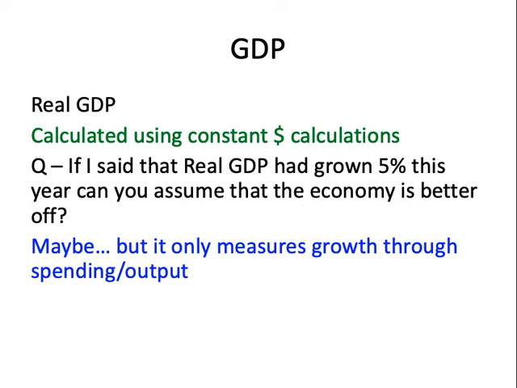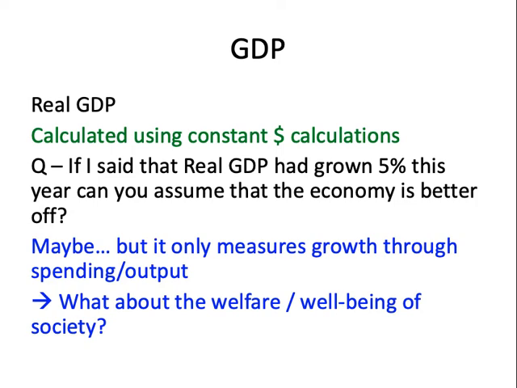Just saying our economy has spent more, done more, uses more, is that enough? What about the welfare or well-being of society? That's a fairly large point that we haven't even looked at, right? We don't know if our economy is better off because we don't know if our spending and output growing is actually making our economy better. And so those are some things that we need to think about.